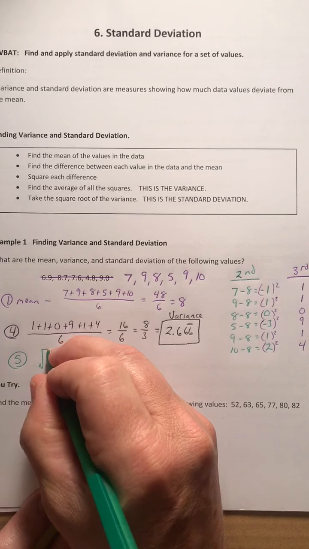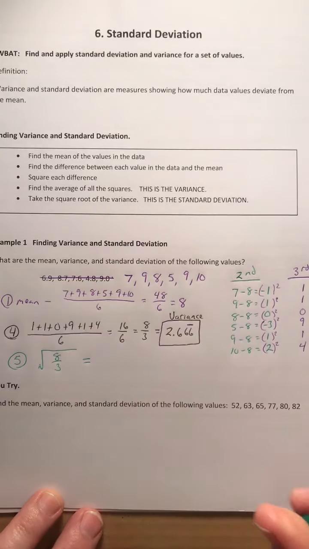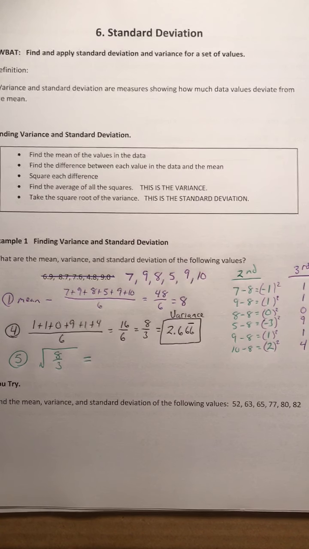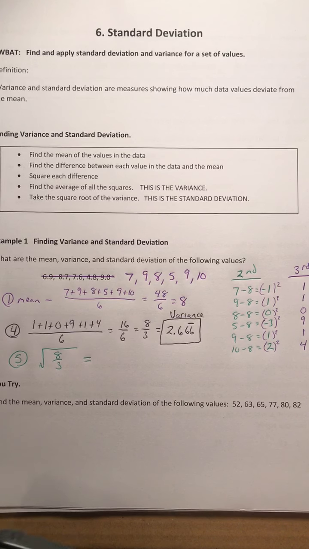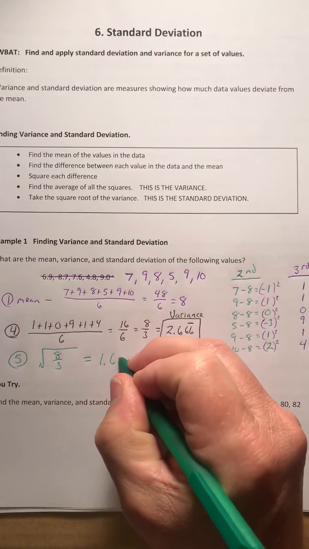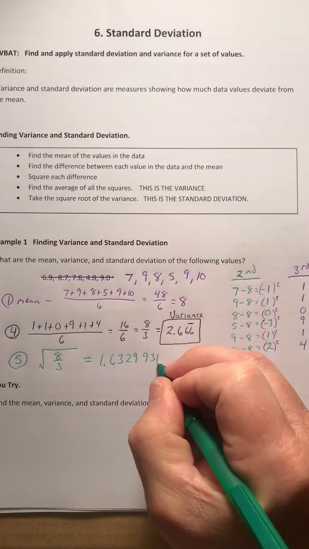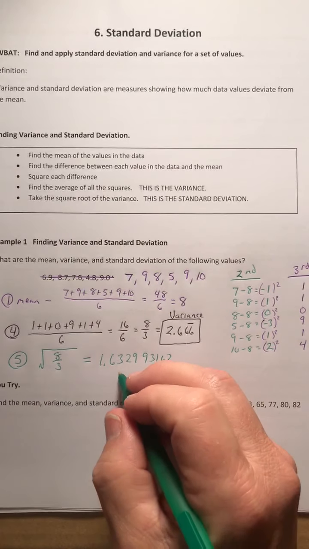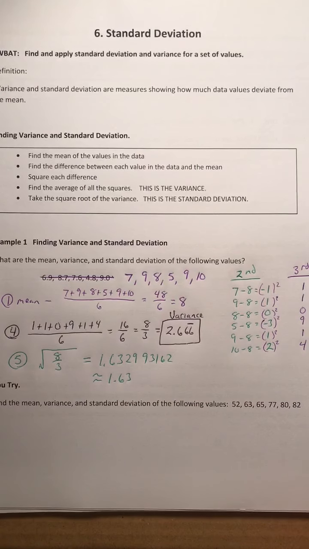So we take the square root of 8/3, and that is going to give us our standard deviation, which is 1.632993162, but again, you can round it to 2 decimal places and tell me that it is approximately 1.63.